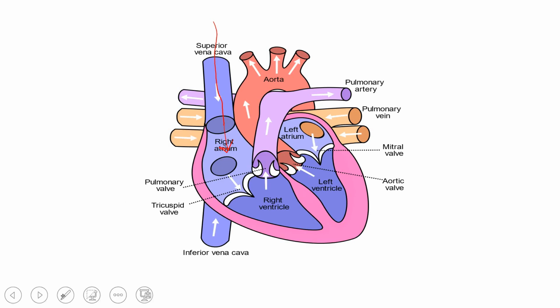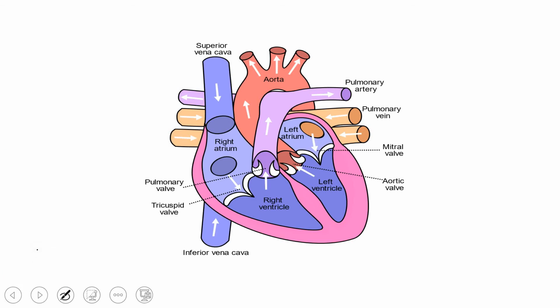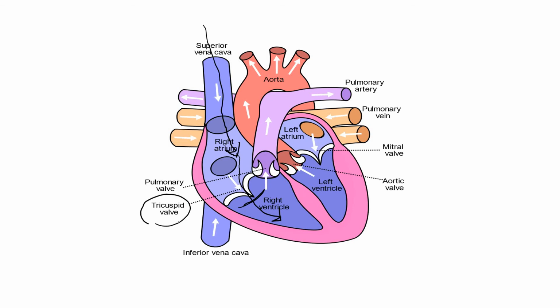Let me change the ink so it will be easy for you to understand. Let me show the impure blood as black in color. The impure blood comes from the superior vena cava to the right atrium. Then from the right atrium, the blood enters the right ventricle via the tricuspid valve.